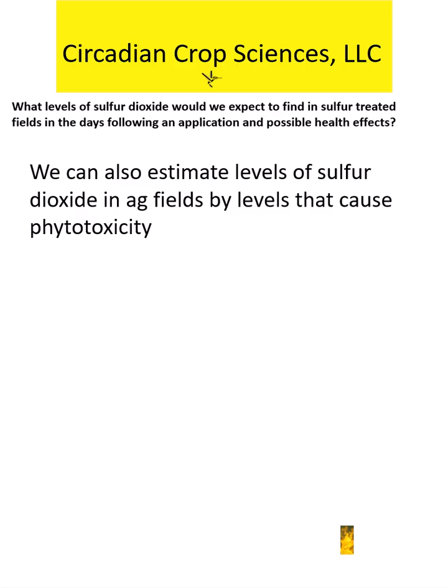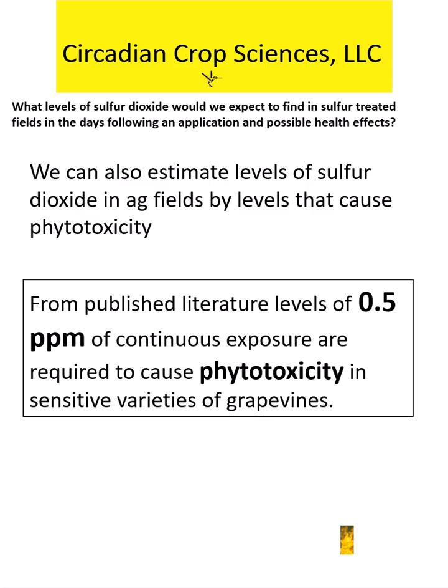We can also estimate levels of sulfur dioxide in ag fields by levels that cause phytotoxicity. Those studies are actually available. From published literature, levels of 0.5 parts per million of continuous exposure are generally required to cause phytotoxicity in sensitive varieties of grapes.